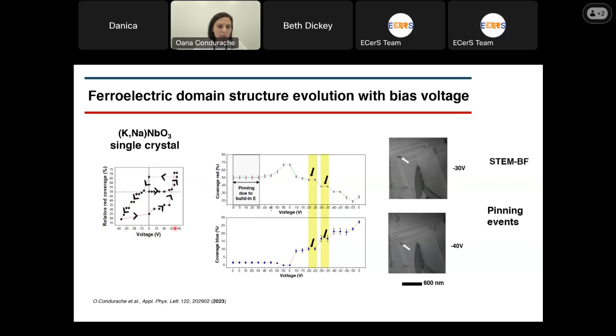So it is a local, indirect evaluation of the ferroelectricity. There is some noise in this hysteresis loop which corresponds to soft pinning events, like in this case, when two orthogonal needle-like domains meet.